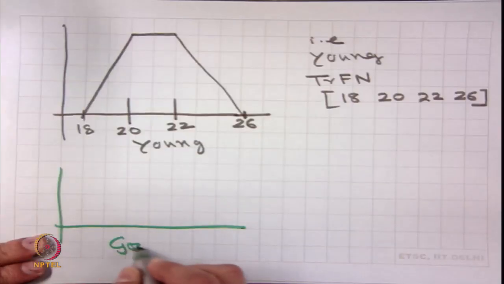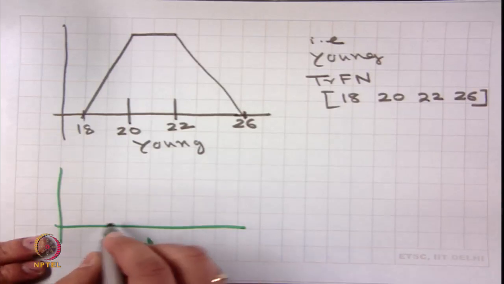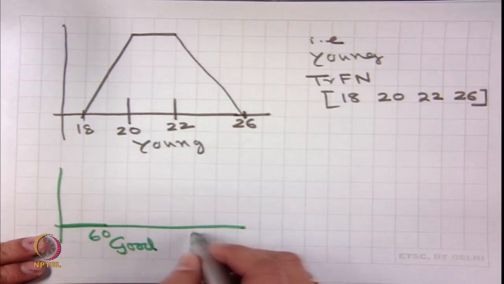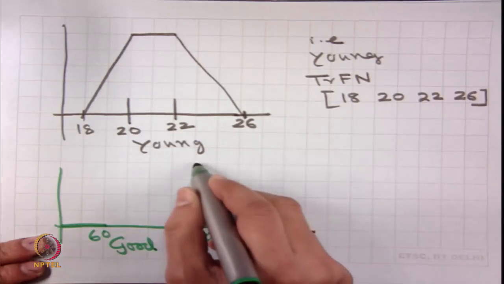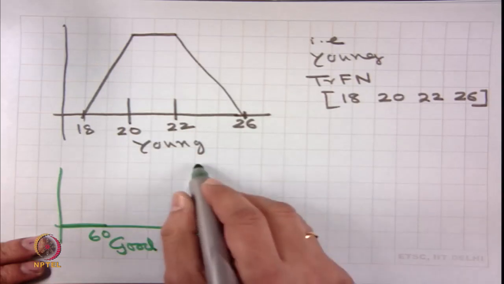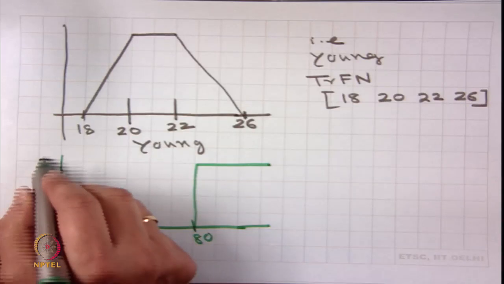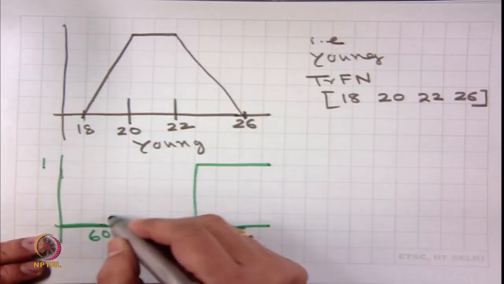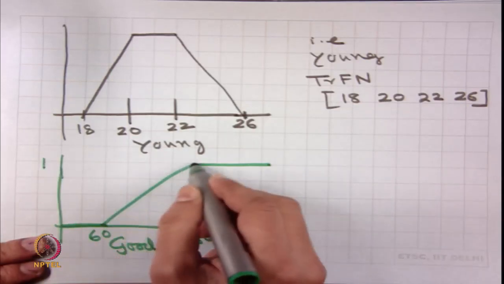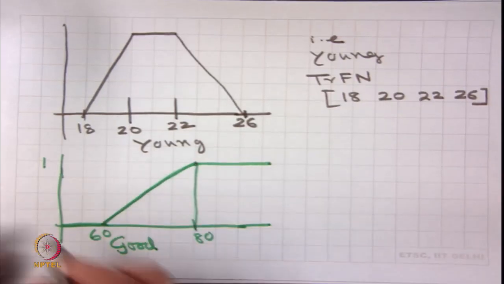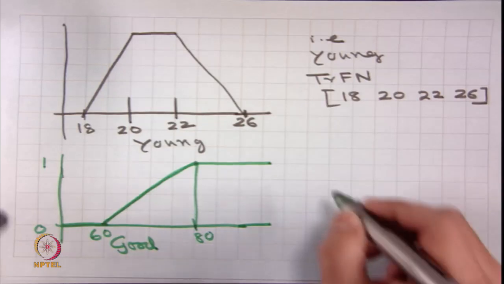And suppose good performance is defined as: anybody above 80 has membership value 1, and between 60 to 80 we have a linear function like this.